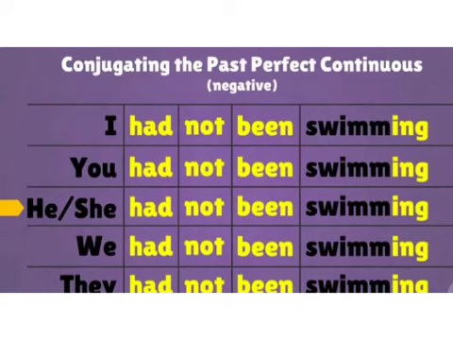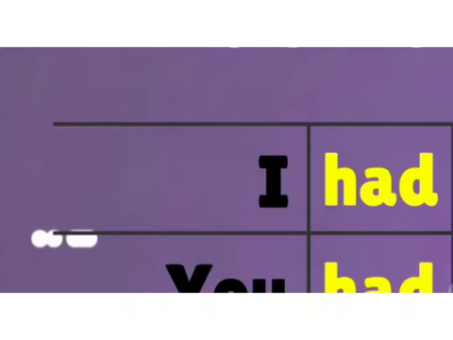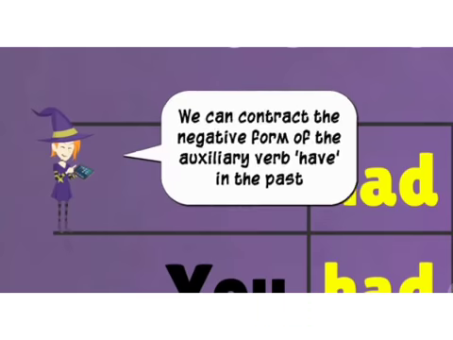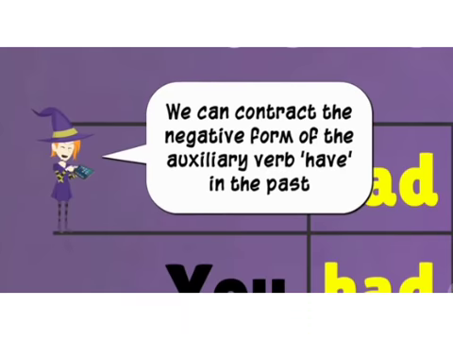And the very next one, we had not been swimming. And for the last one, they had not been swimming. What will be the next one? Yes, contraction. So how to contract? Had plus not. Yes, making the negative formation is very simple.